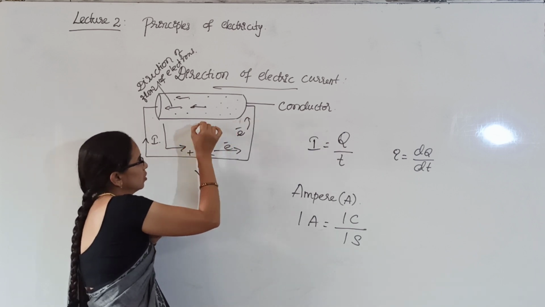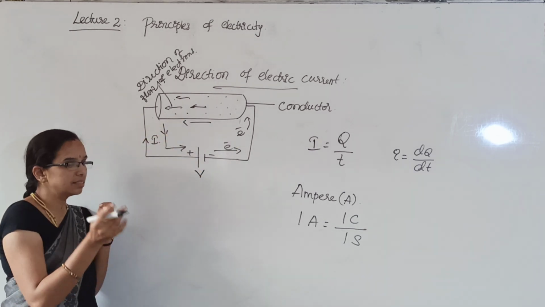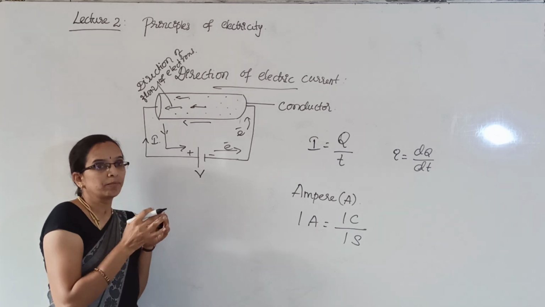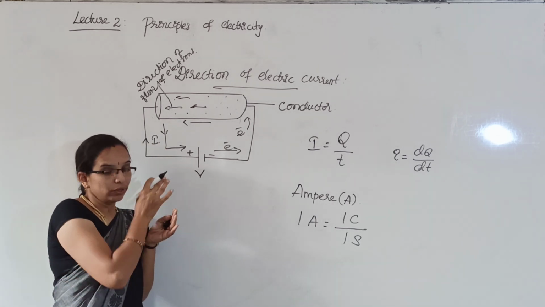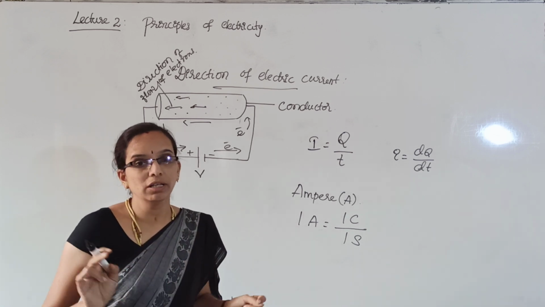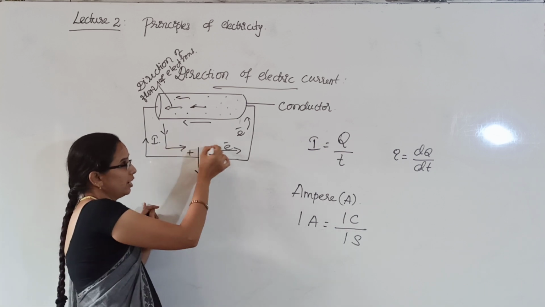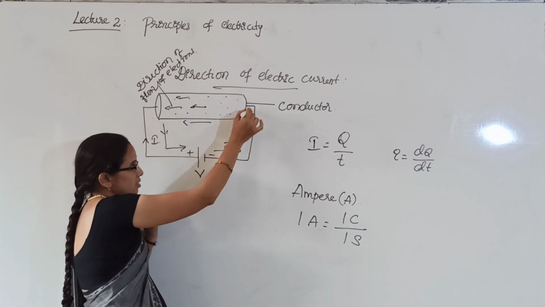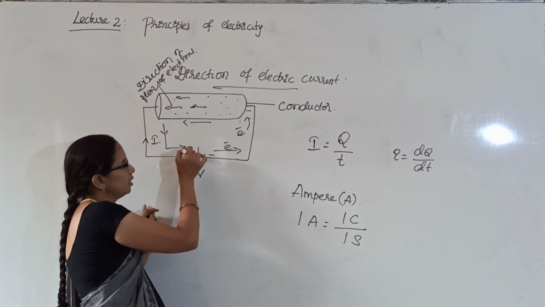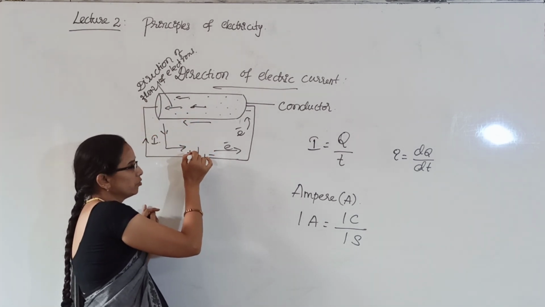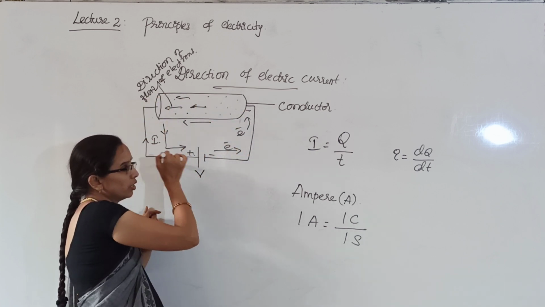Electrons will be flowing like this. They flow from the conductor to the positive terminal of the battery, and from the negative terminal of the battery, electrons flow through the conductor.